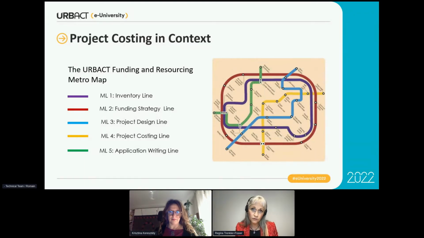Because if you want to do a good project costing, you do need to be aware of all these different aspects of a good project design. And the yellow line will be further explained to you by Krisztina in due course. And the last line, the green line, is then all about how to write a successful funding application, and that will be discussed tomorrow, of course, by Marion Cugnet in more detail.